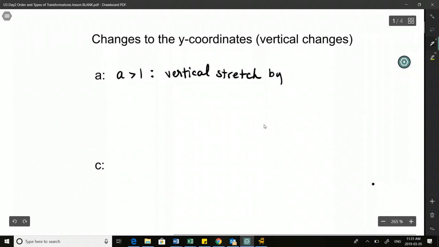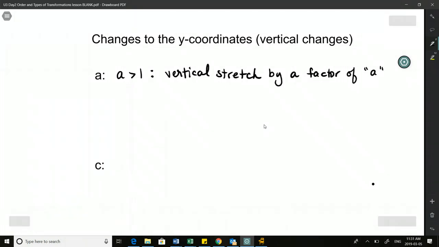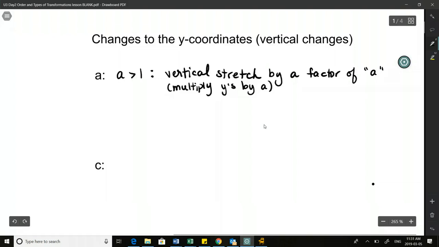So we would say by a factor of A. And the operation that we're doing is we're multiplying our y coordinates by this value.